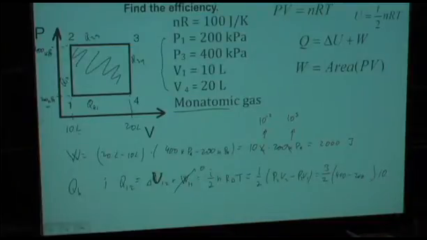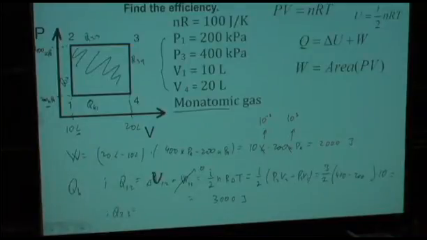Kilopascals and liters getting canceled. So that gives us 400 minus 200, 200, 2 divided by 2, 100, 100 times 10, 1,000. So 3 times 1,000, 3,000 joules. All right.